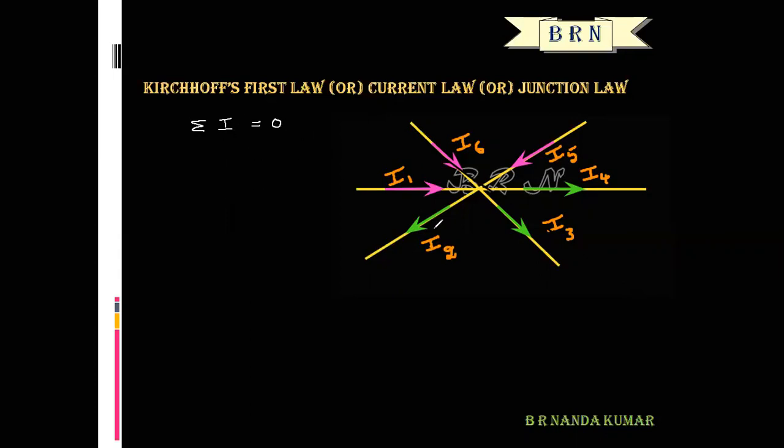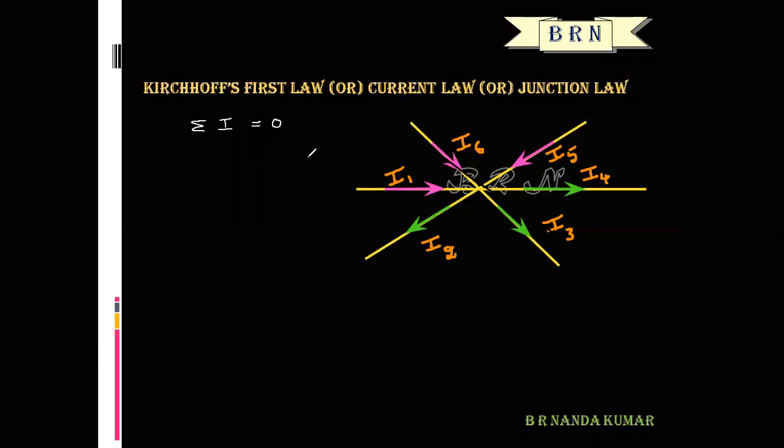In an electrical network, the algebraic sum of currents at a junction is equal to 0, or simply, the sum of currents entering the junction is equal to the sum of currents leaving the junction.